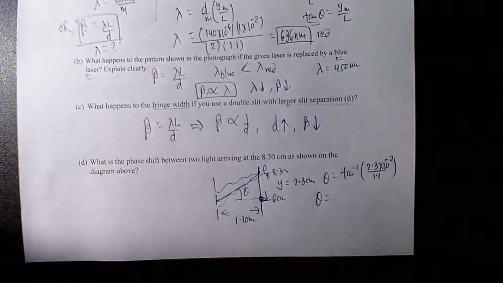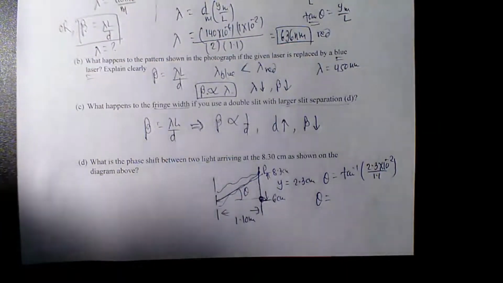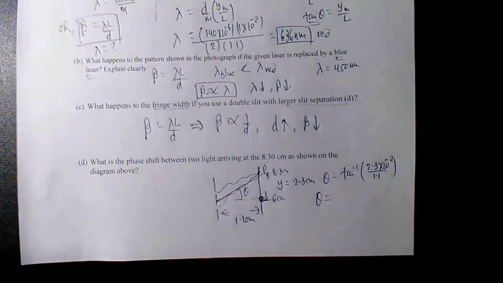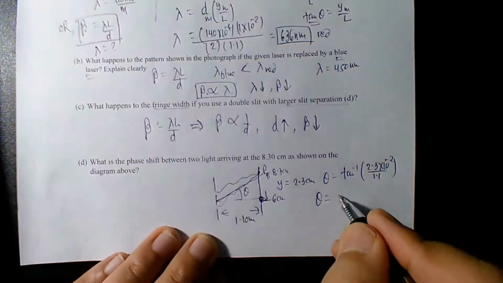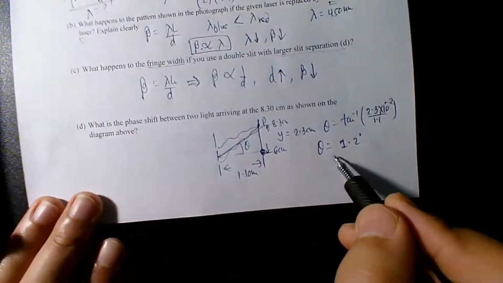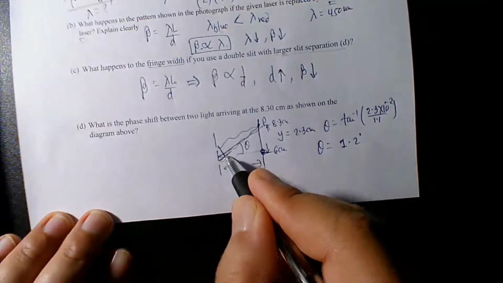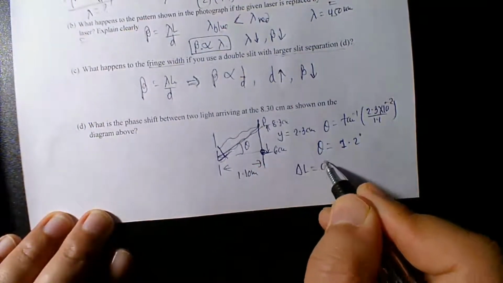So this angle is inverse tan of 2.3 divided by 1.1, and it's 1.2 degree. Once you have that, the path difference between these two light waves reaching here is d sine theta.